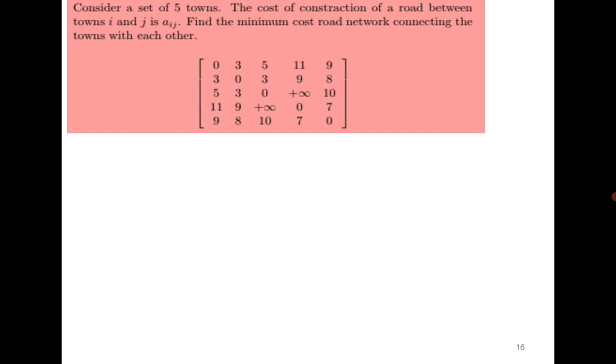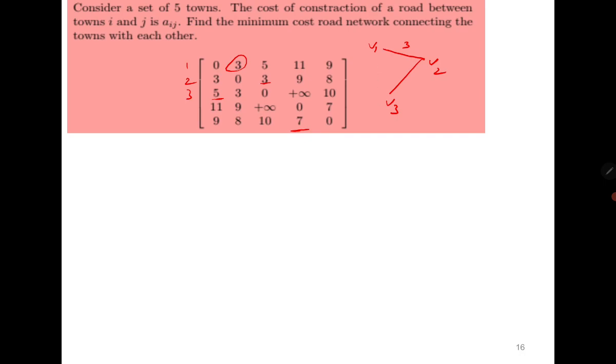So for example, from the first row I can say 3 is there. So I start with V1 and I add it to V2 and the weight is 3. From the second row again I pick 3. So V2 is adjacent to V3 because 3 is the minimum weight until now. Now the next minimum weight is either 5 or 7. So 5 is V31.